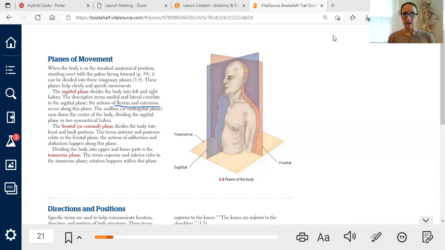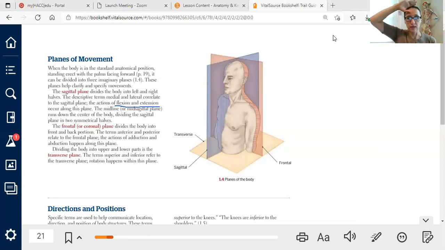The frontal plane is a plane that divides the body into front and back portions. And again, it can be anywhere along the body, here or here or here, but it divides the body into front and back portions. It is called the frontal plane, but it is also called the coronal plane. And corona comes from the Latin meaning crown.